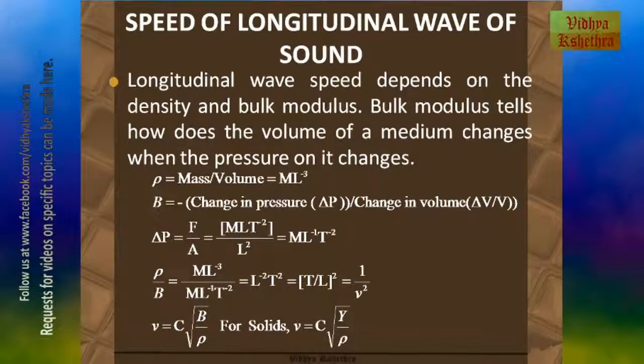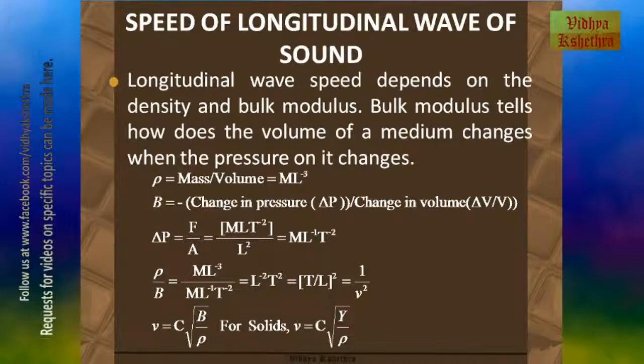Now rho, which is density, is equal to mass by volume, and the dimension is equal to M L raised to minus 3. Now the dimension for bulk modulus is equal to minus of change in pressure by change in volume. Here change in volume, since it is delta V by V, is dimensionless.